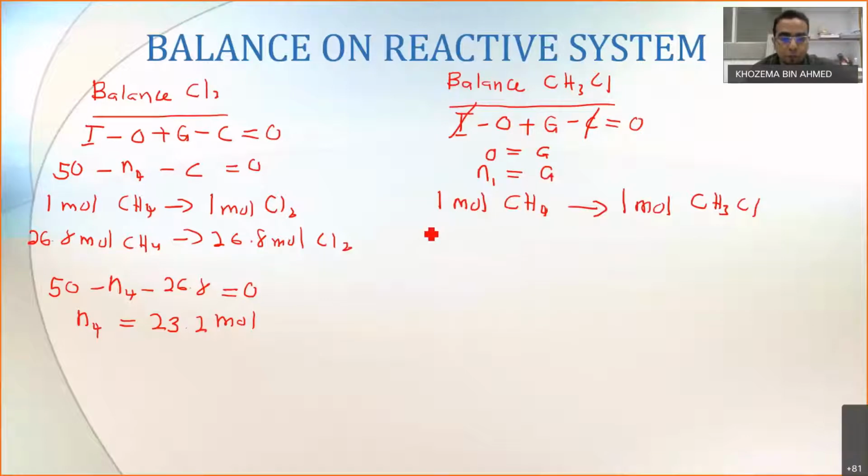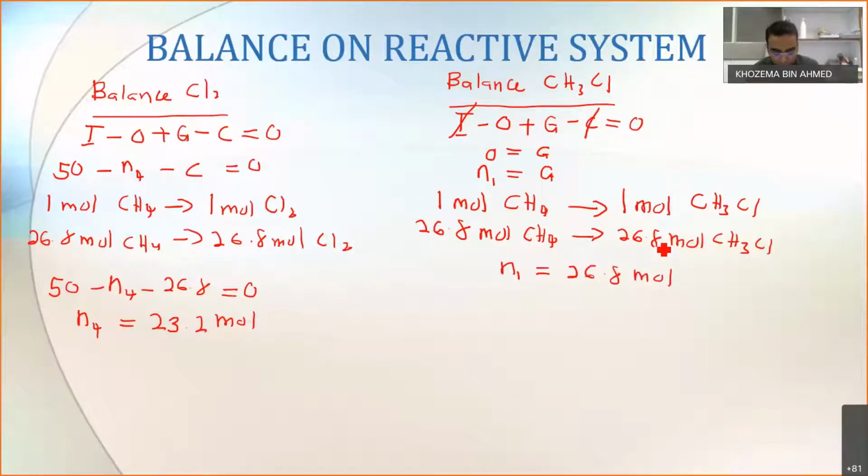So if 26.8 mole of methane is consumed, then it will produce 26.8 mole of chloromethane. So the generation of chloromethane is equal to 26.8, and our N1 value is equal to 26.8 mole.